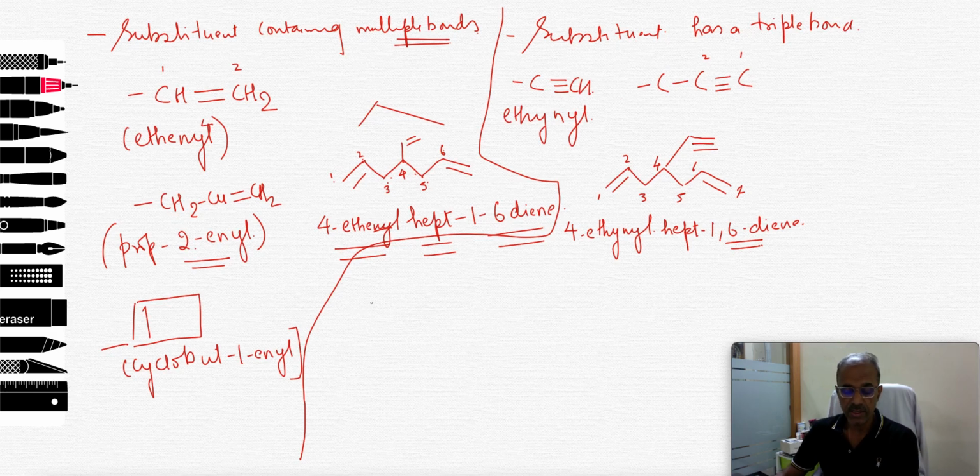Similarly, we'll have another more complex one: CH double bond CH2, you can see. This is also known as vinylic carbon atom.